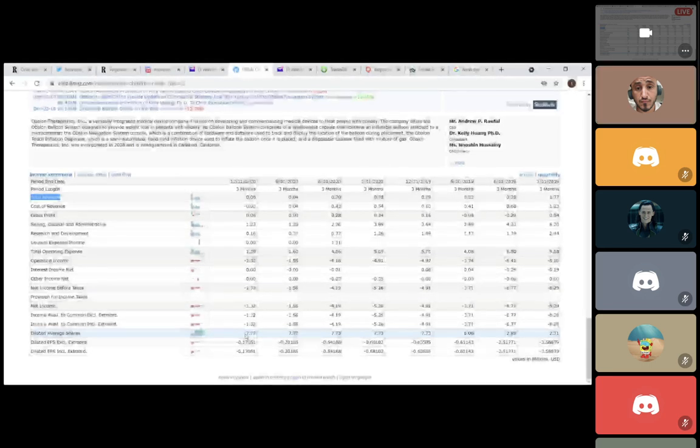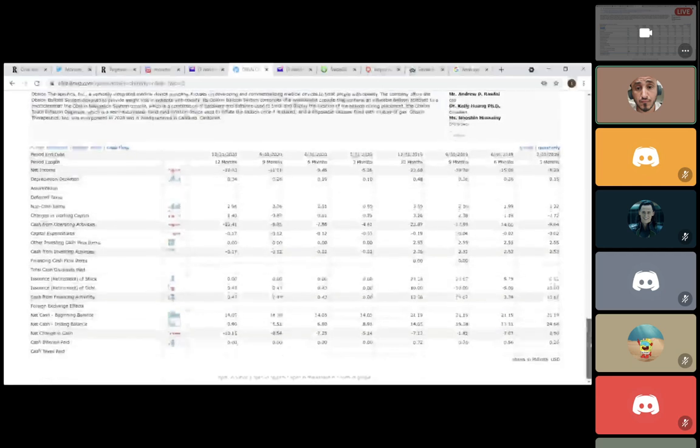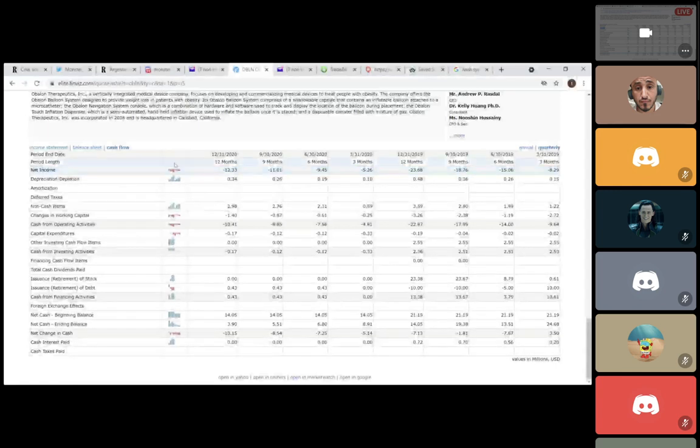We can go further to cash flow. This is again by quarter. Over here you have again the net income that we discussed before.